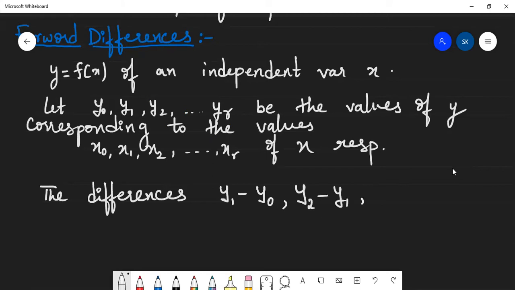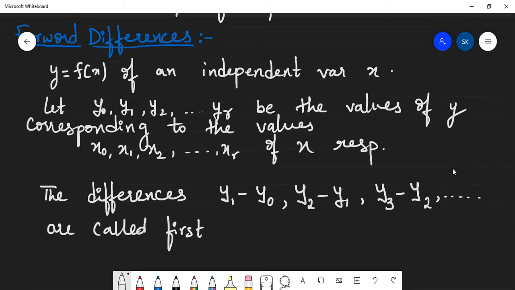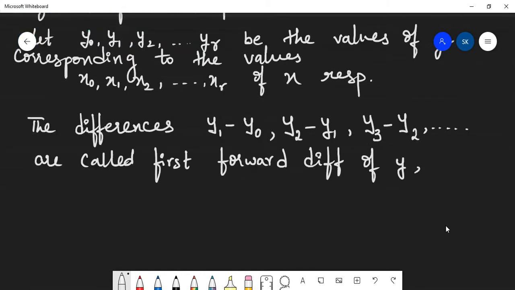Next value is the fourth term minus the previous term, that is y3 minus y2, and so on. These differences are called the first forward differences of y.